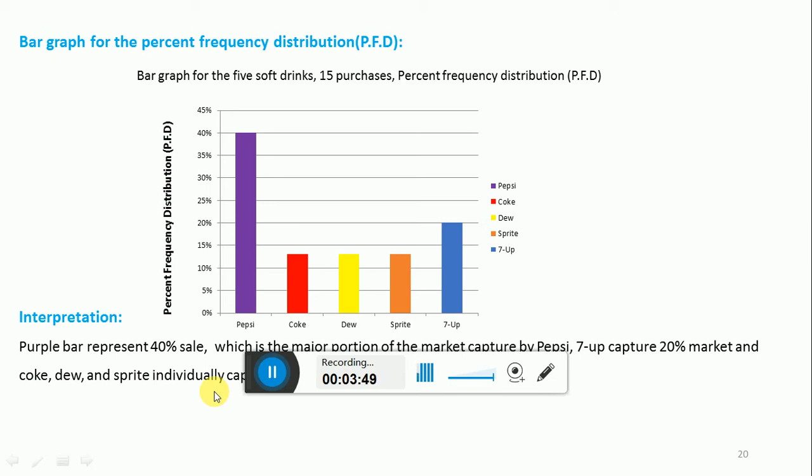So we are learning how to analyze, summarize, interpret and present the data in an easy way using the bar graph. From this bar chart, a statistician can easily read and understand which soft drink is the most attractive and which is the less attractive.